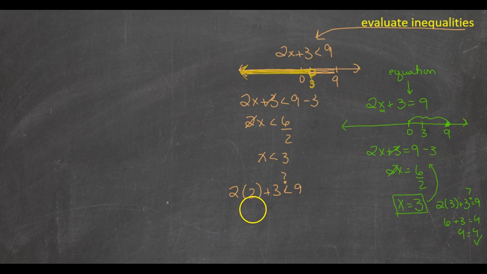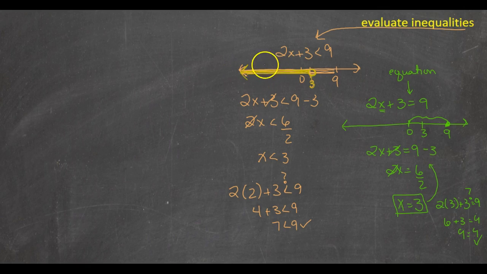Well, 2 times 2 is 4, plus 3 is 7, less than 9. That's a true statement. So I could plug in 2 on the left-hand side, and that would be a number smaller than 3.